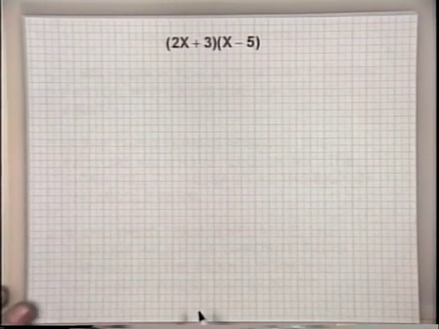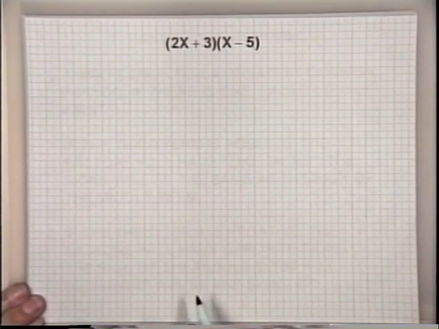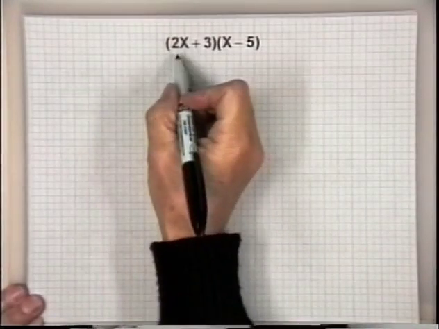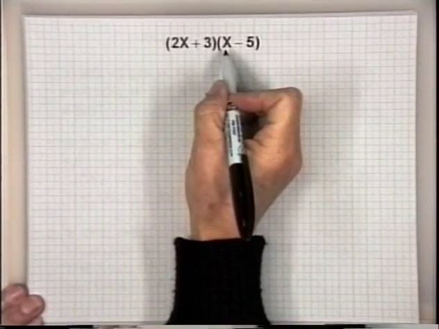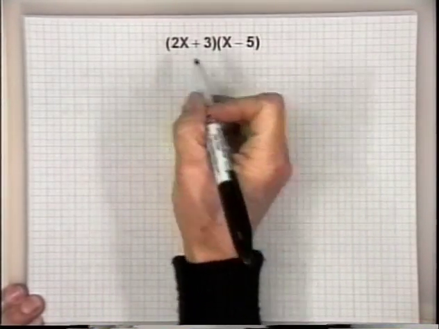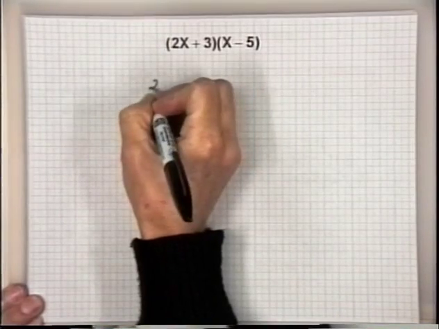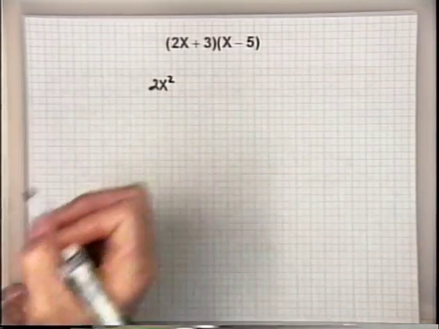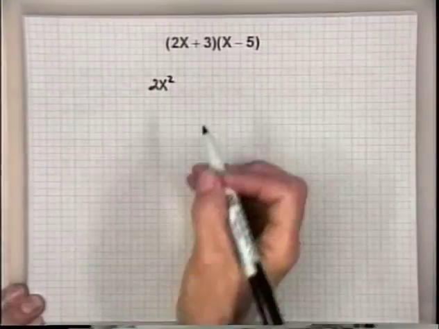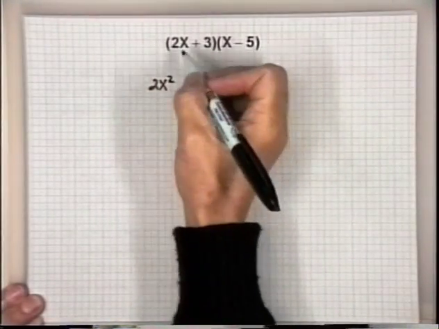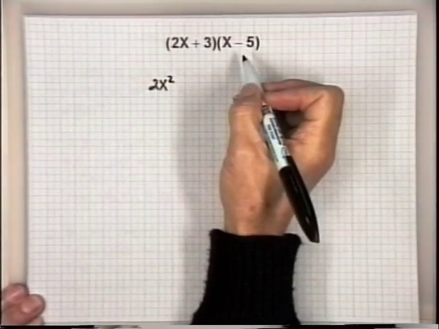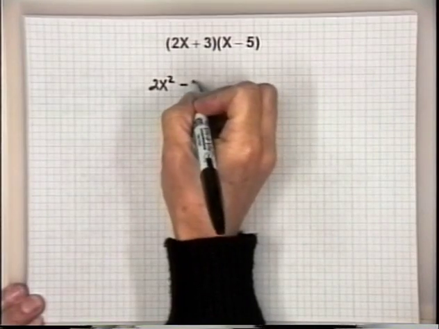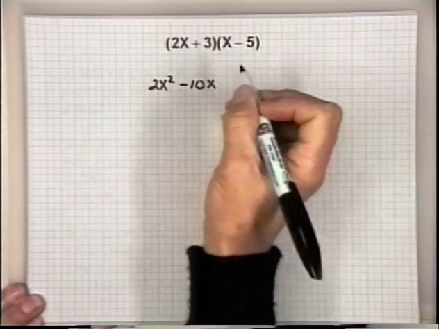When you multiply two binomials using the FOIL method, first you multiply the two first terms in your binomial factors. 2x times x will give you 2x squared. Then, for the outside terms, we have negative 10x.